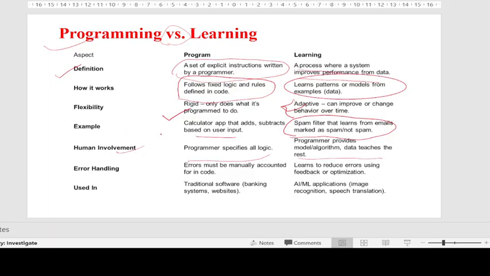Whereas the learning mechanism will reduce the error by using feedback and optimization, by its own. Where it is used: traditional software in banking systems and websites. AI and machine learning concepts are used in image recognition, speech recognition, etc.